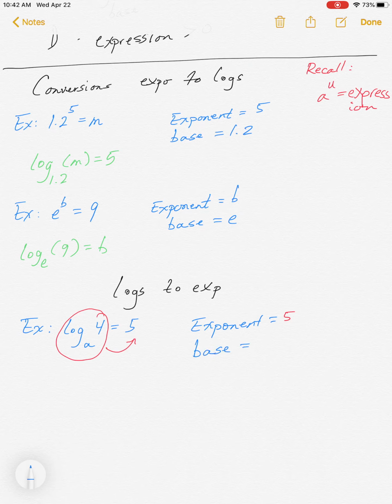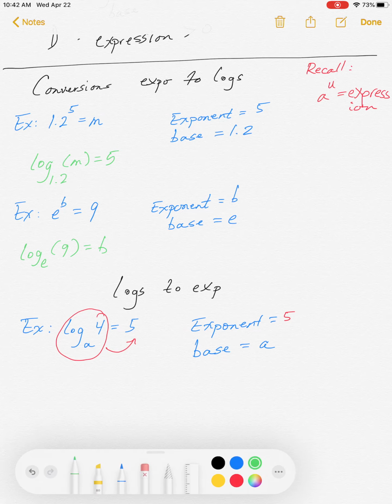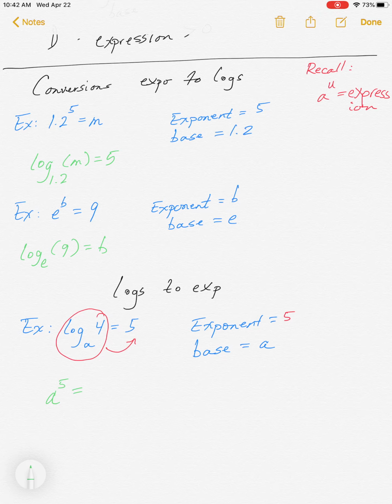The base of your log is a. So we have everything that we need. Our solution: a to the 5th is equal to our expression of 4.